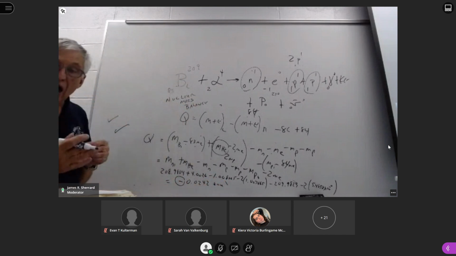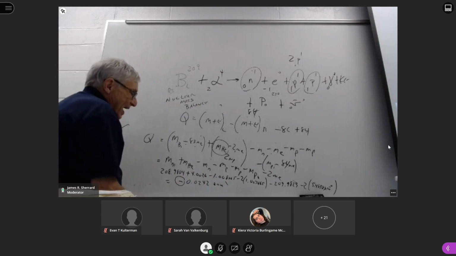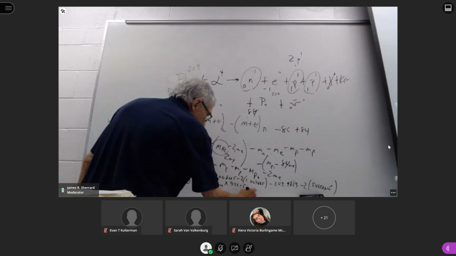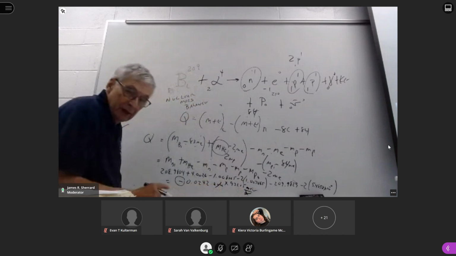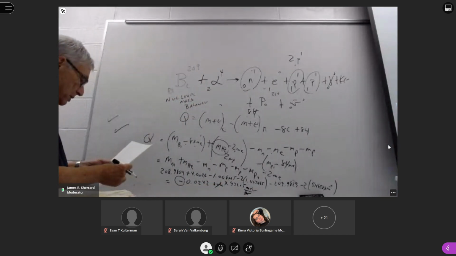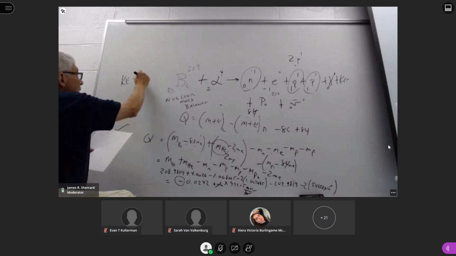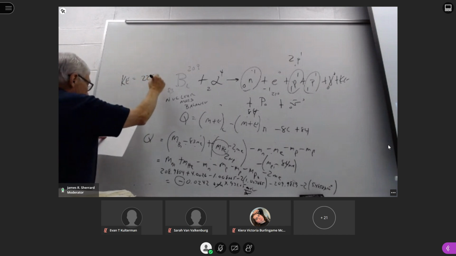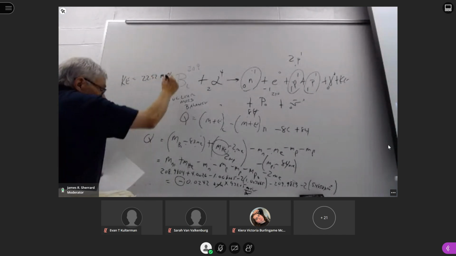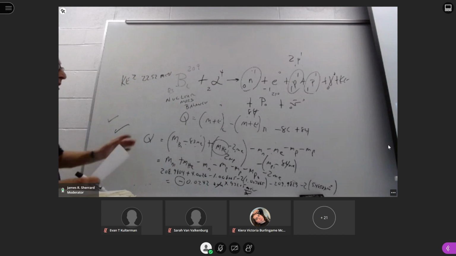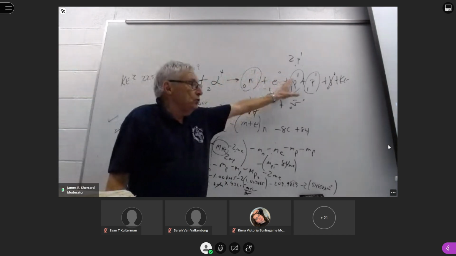The negative tells you it cannot occur unless you add energy, and if you multiply this by 931.15 MeV per atomic mass unit, cancel, cancel, I had that value come out to be kinetic energy had to be 22.52 MeV, which is this times this. So my alpha particle has to have at least that or greater in order for this to produce those particles.